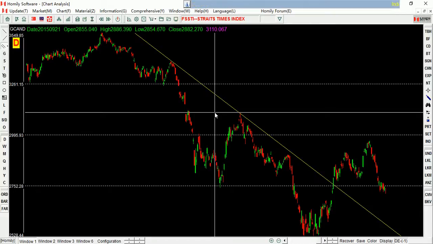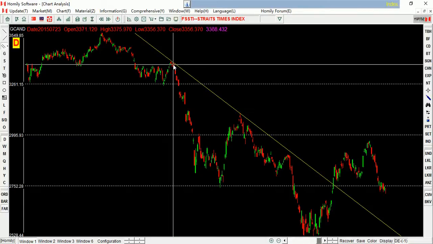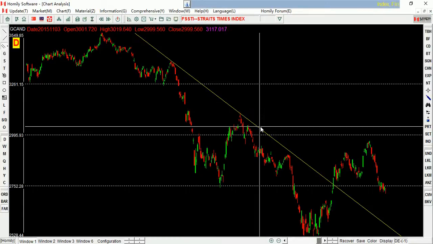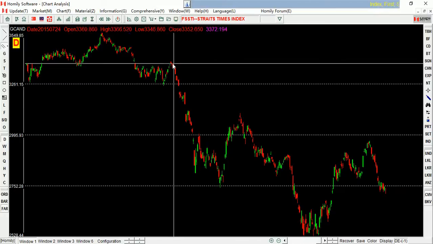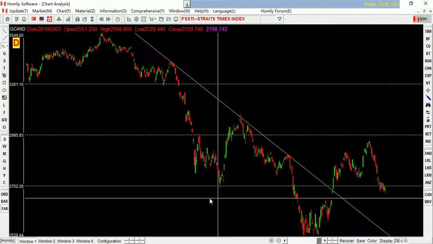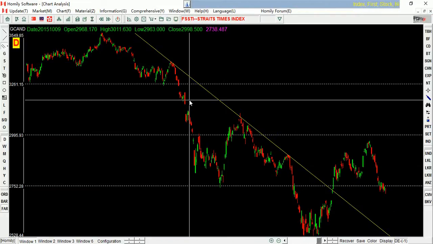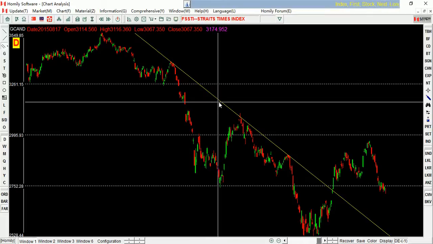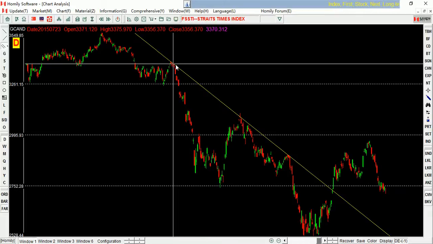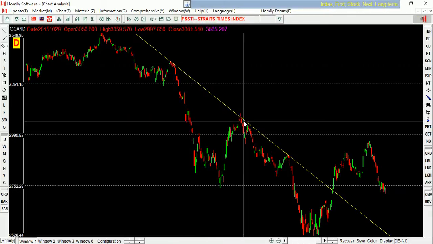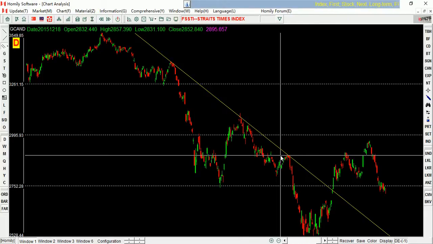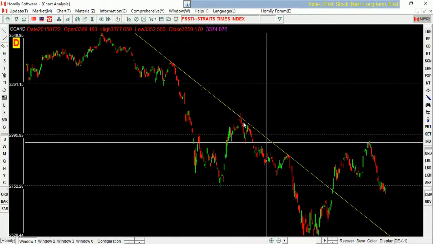High point to the low point, high point to another high point. Then we can connect the high point to another high point. So can you confirm that this is the effective line or not? Yes, it's effective. You can draw this line, this point to this high point, and the third point touches the trend line. Then we can get the trend line.